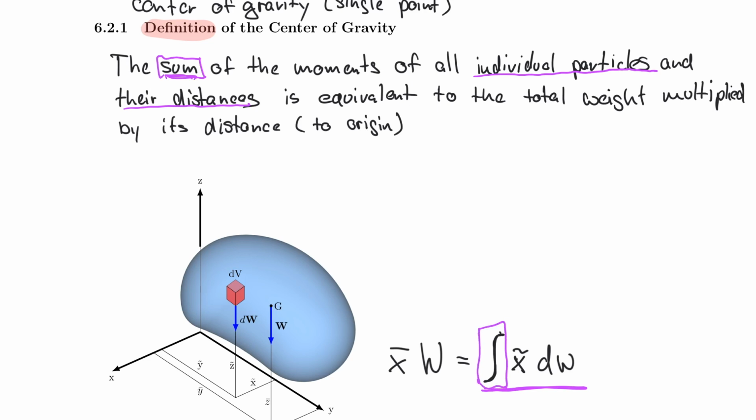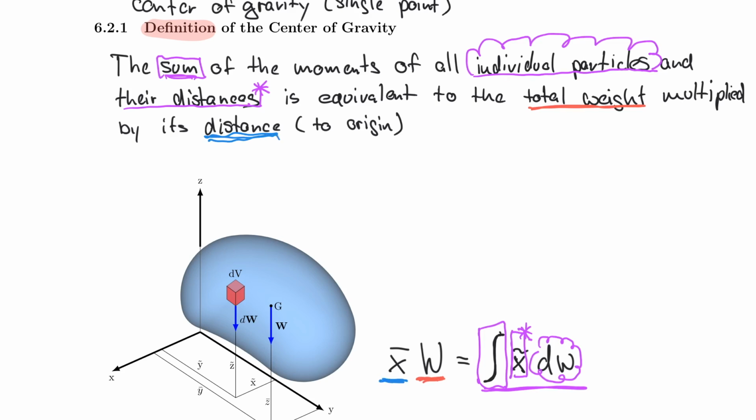And then the individual particles is this component. And then last but not least, I have x tilde here. So let me code that like this. And that is equivalent to the total weight, which would be this component, multiplied by its own distance, which would be that component.